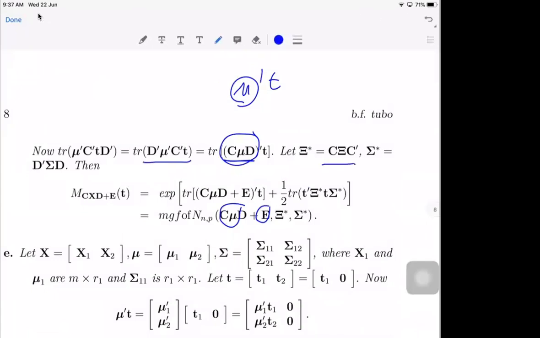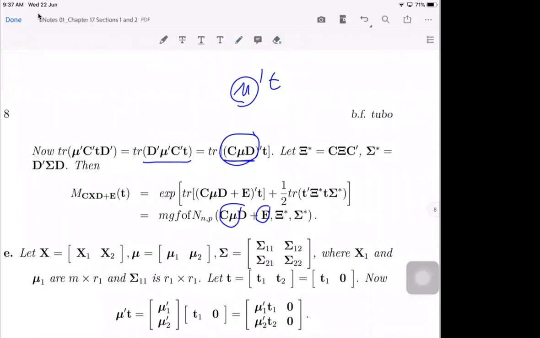That is it. So if we call it psi star or sigma star, we have psi star or psi will be C psi C prime, and then sigma will be D prime sigma D. Okay?